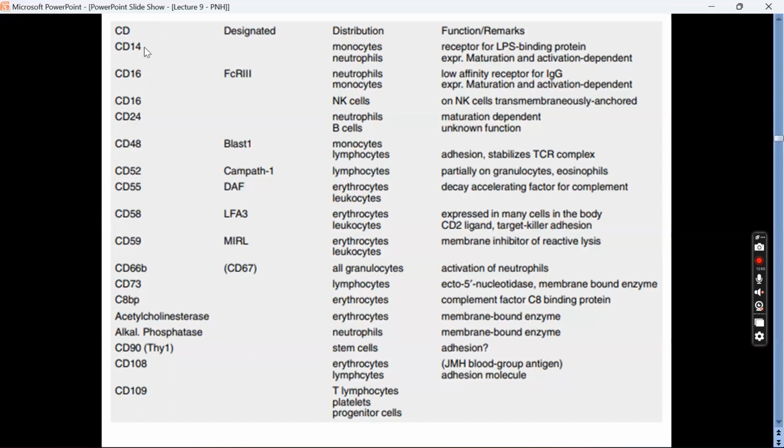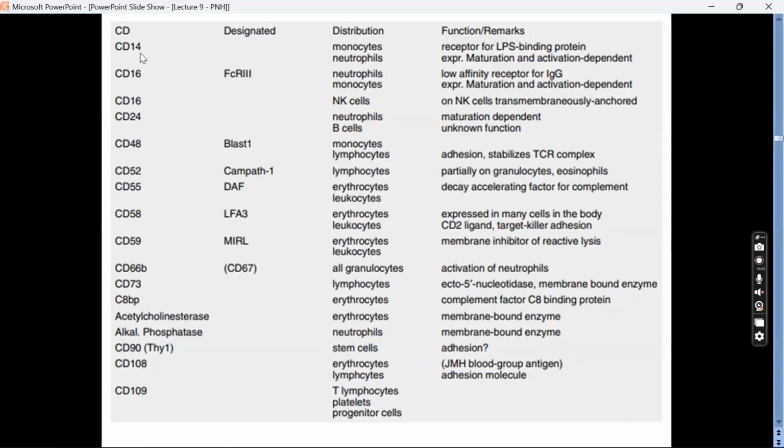For example, monocytes of normal individuals do express CD14. In patients with PNH, the monocytes do not express CD14 or express CD14 at a lower level. So these are some of the markers or antigens which are GPI linked.